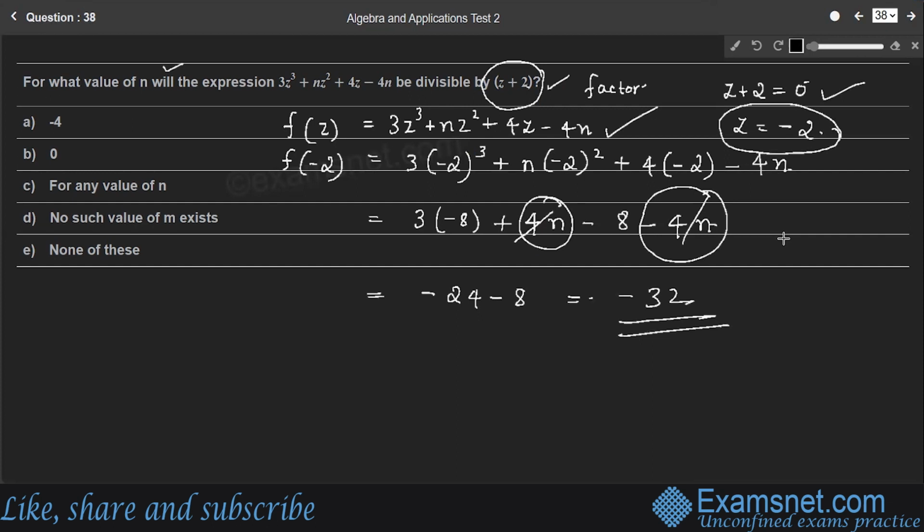Therefore the given expression is independent of n. That means for any value of n, the given expression is divisible by z plus 2. Therefore option C is the right answer.